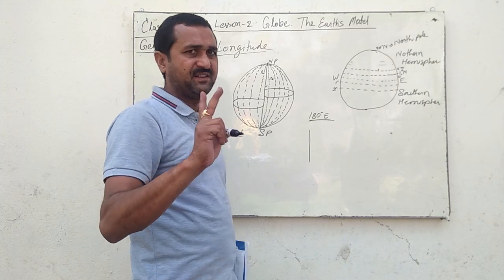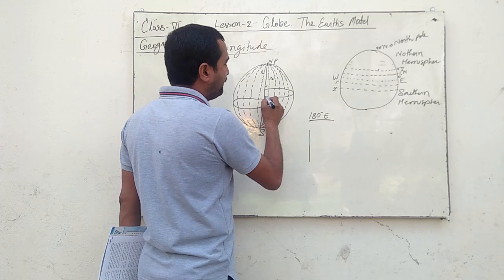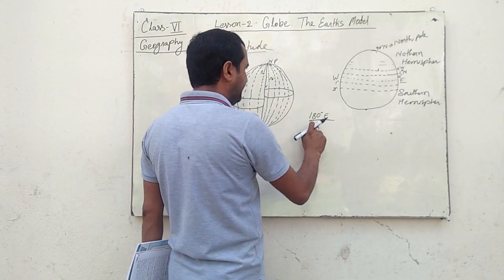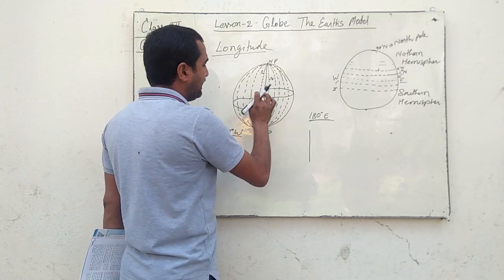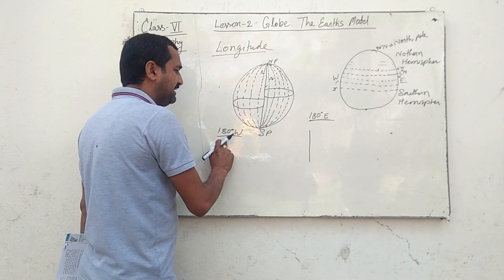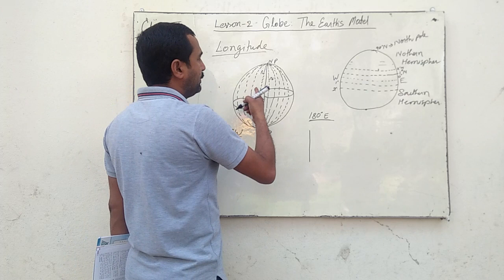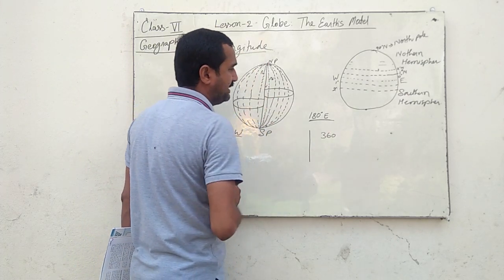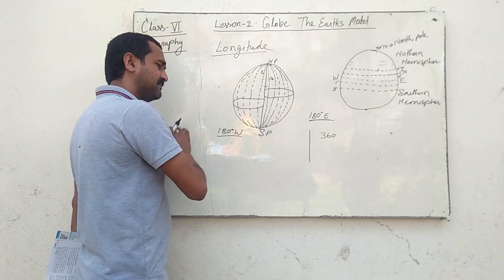There are no two different lines. If we move from east, we will call it 180 degree east, and if we move from west side, we will call the same line 180 degree west. So total meridian is 360 meridians. That is eastern side 180 and western side 180.